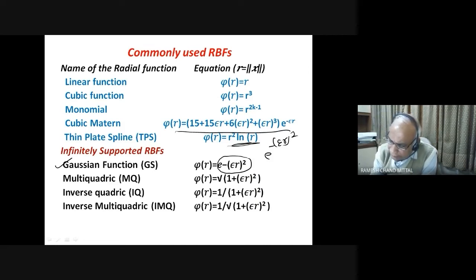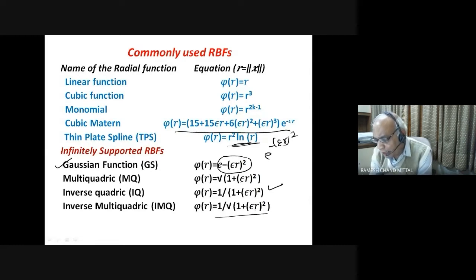Then second is the multi-quadratic, which is written in the form of 1 plus epsilon r whole square. Then inverse quadratic, so quadratic 1 by that, so this is inverse quadratic. And then you have the inverse multi-quadratic function, which has an under root here.